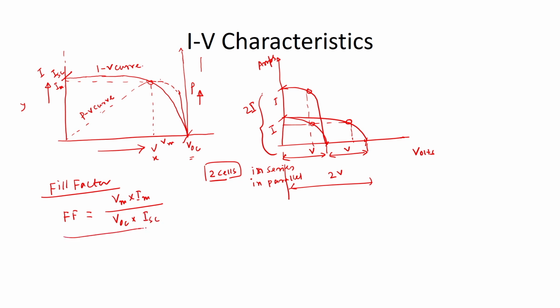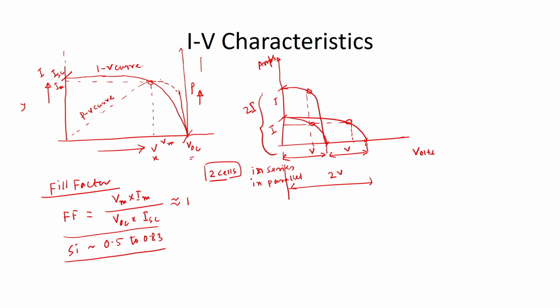We expect that each value is close to unity, but it has never been unity. For silicon based solar cells, its value is about 0.5 to 0.83.